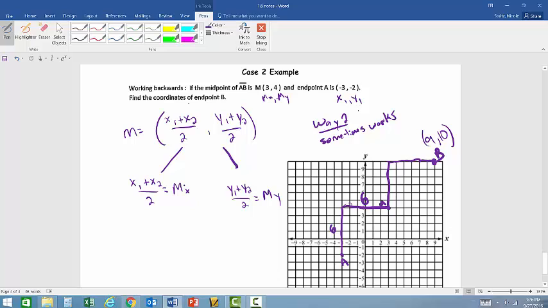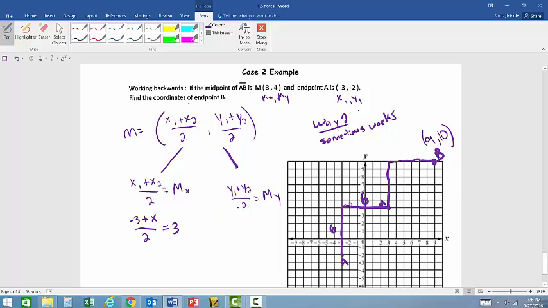So now is where I'm actually going to do some substituting. x1 we said is -3. I'm not going to write x2. It's just a variable, so I'm just going to leave it as x. And the midpoint of the x's was 3, or mx was 3. So there's one equation.